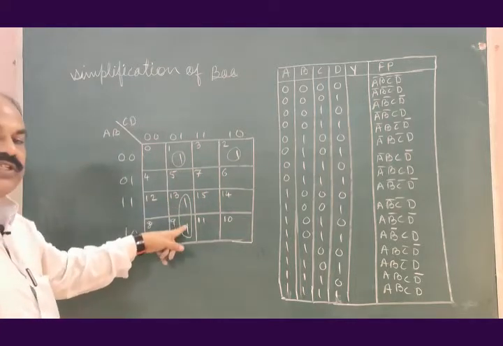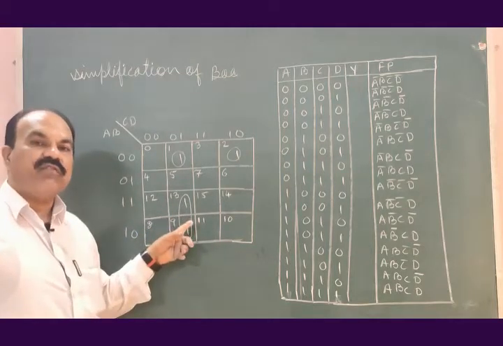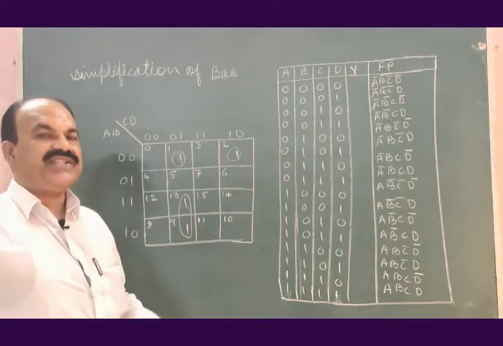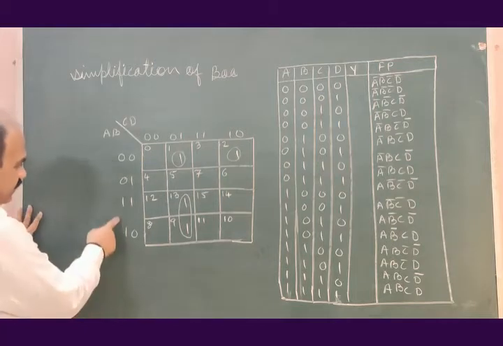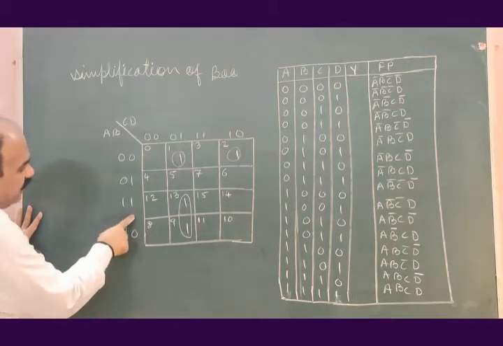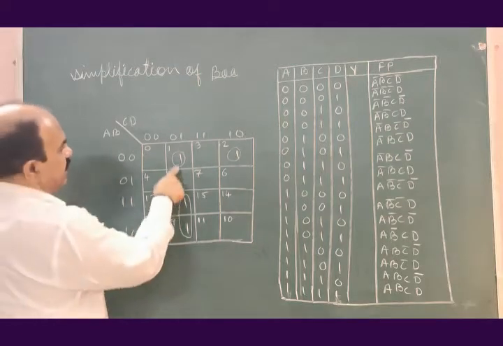Why to consider pair? Whenever we make pair of ones on the Karnaugh map, it deletes one variable and its complement. A remains A, B goes to B bar, B will be deleted.